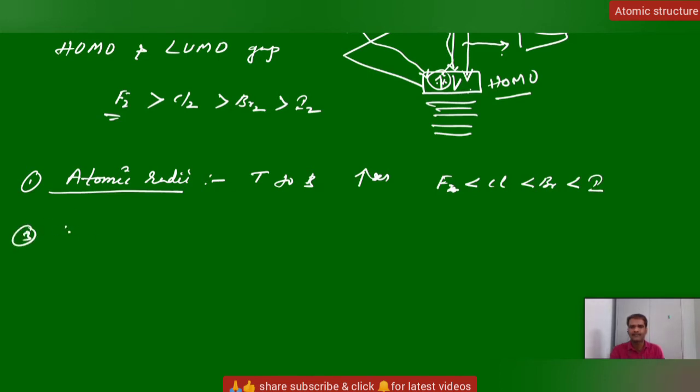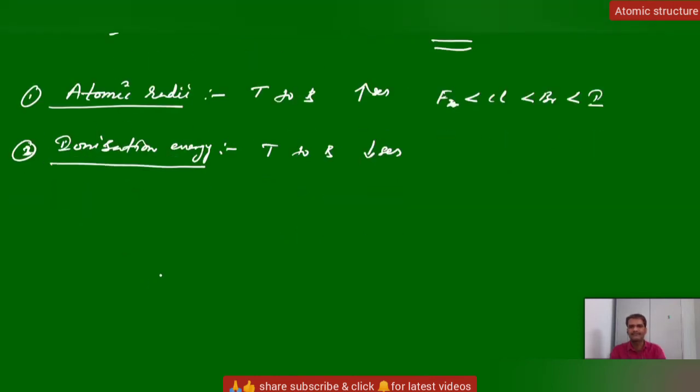Next, immediately we have the ionization energy. Ionization energy is quite opposite to the atomic radii, top to bottom. If atomic radii increases, ionization energy decreases. Top to bottom, ionization energy decreases.